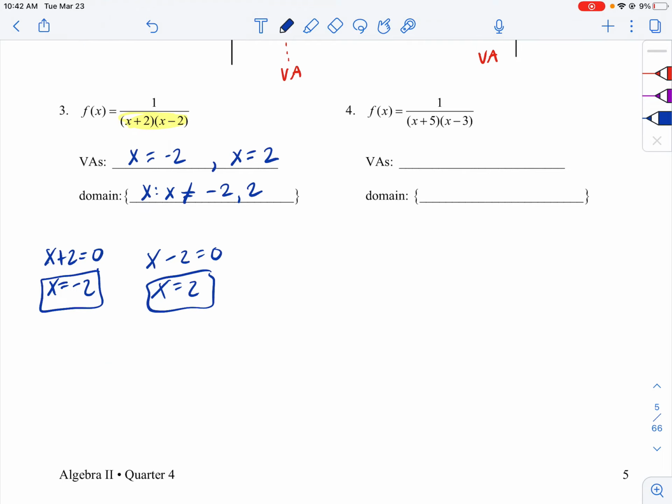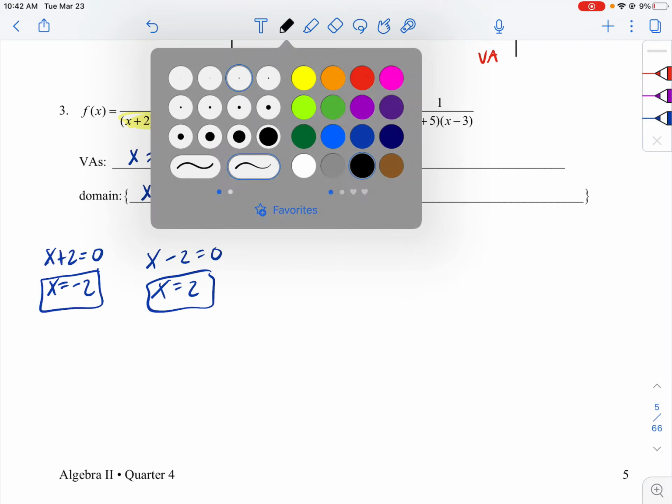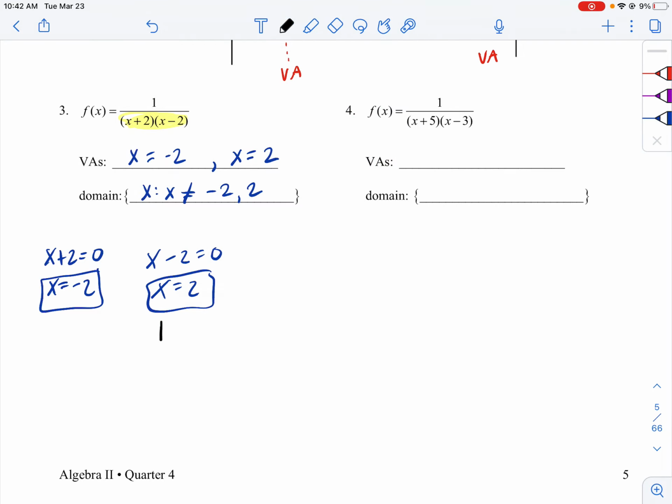So I'm going to draw my vertical asymptotes here. Let's draw our line first. And because you have two sets of vertical asymptotes, you're going to have one at x equals negative 2, and you're going to have one at x equals positive 2.